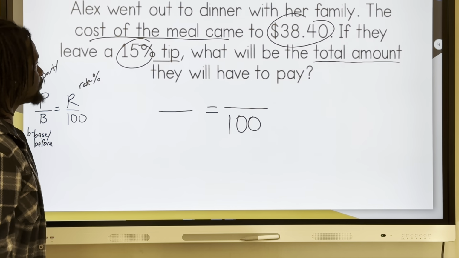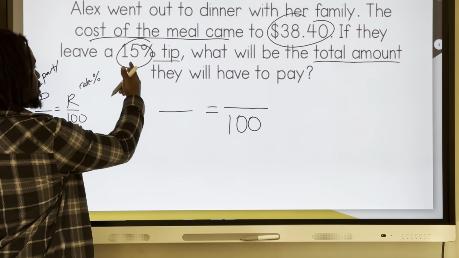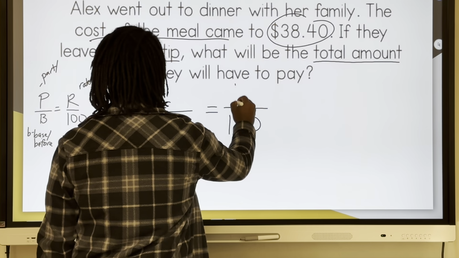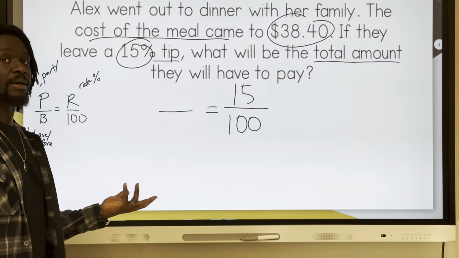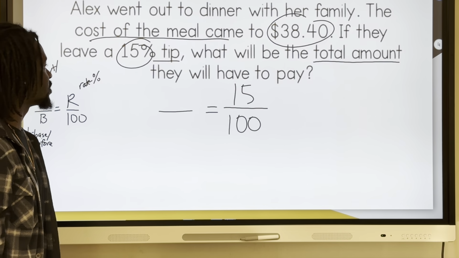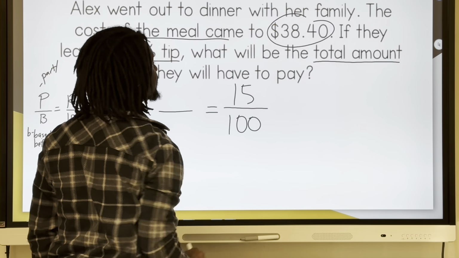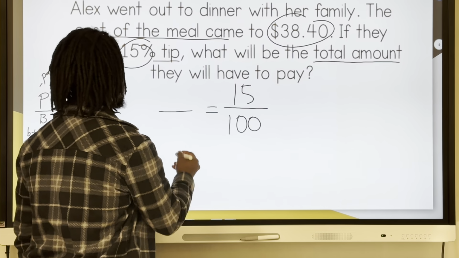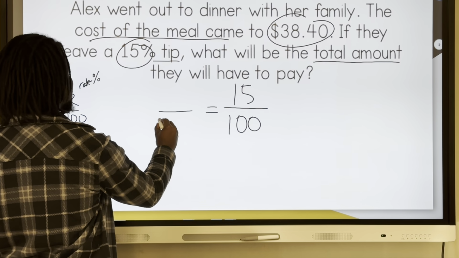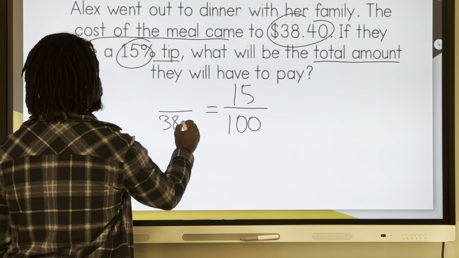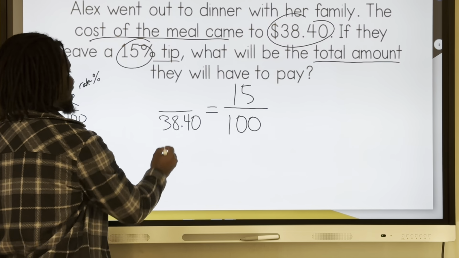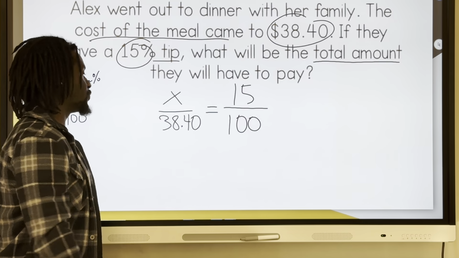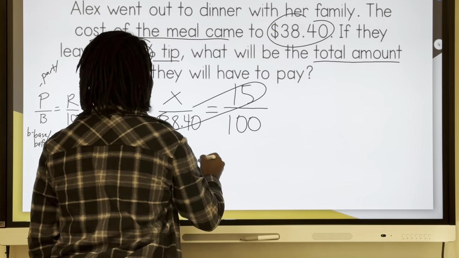So, again, the easiest one I like to start with the percent, okay? I have 15%, that is the tip that I am using for this proportion, and then the cost of the meal, that is the amount before the tip is added, so that is what is going to be the base, that is the original, okay, and then the X is what I am figuring out, and then to solve for the X, I'm going to cross multiply and then divide.